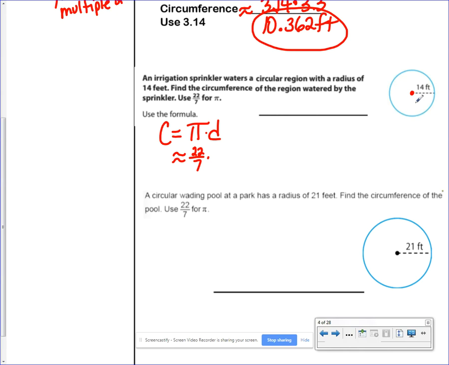Diameter, hold on. Here, my radius is 14. My diameter is 28. Let's write 28 here. You go ahead if you want, use your calculator, but I know that 7 fits into 28 exactly 4 times, and 22 times 4 is 88. Isn't this just like the one we just did on the front? I think so. 88 feet is approximately the distance of that outer edge.